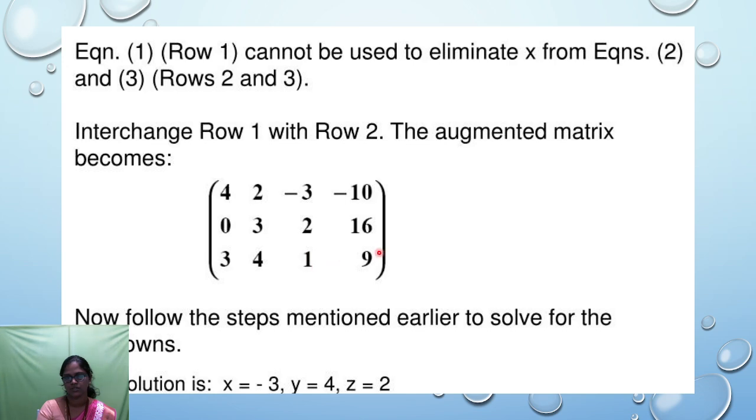Substitute the z value in the second equation. What do we get? We get the value of y. So we get the value of z and the value of y. Substitute these two values in equation number 1. What do we get? We get the value of x. So the solution will be x equal to -3, y equal to 4, z equal to 2.